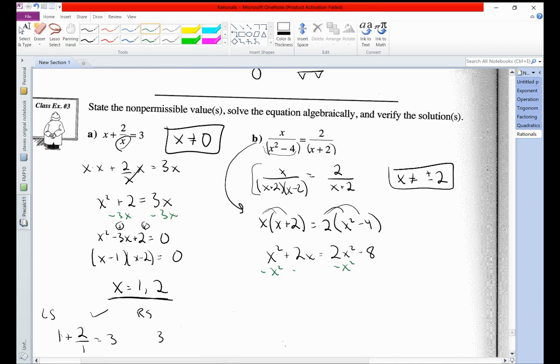And then subtract 2x, subtract 2x. So that goes away, that goes away. I'm left with 0 on this side. And now I have 2x squared minus x squared is x squared minus 2x minus 8.